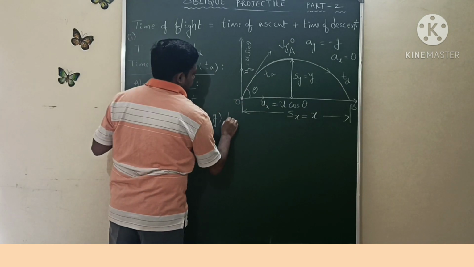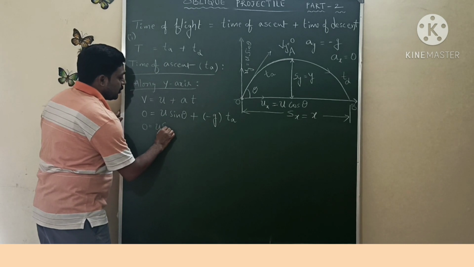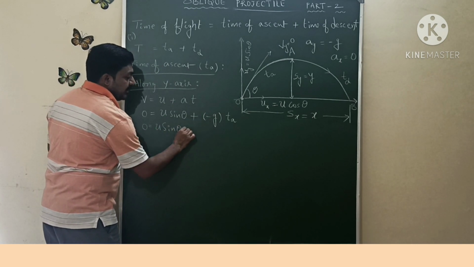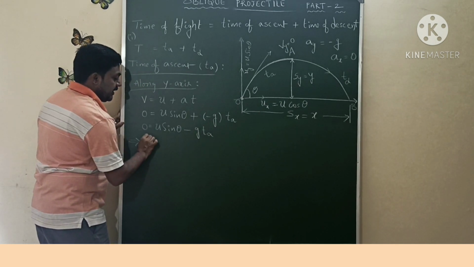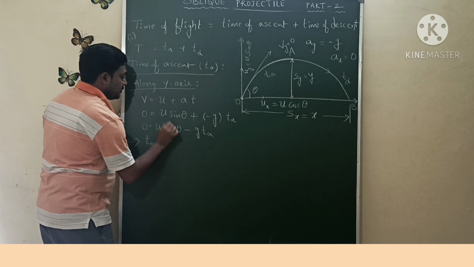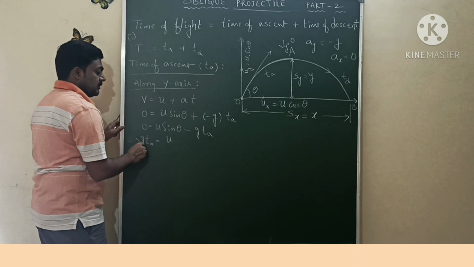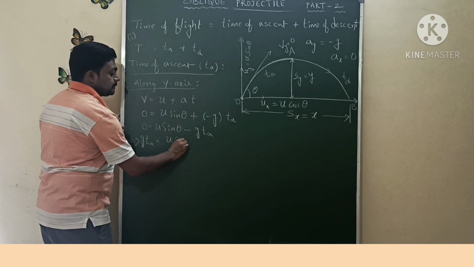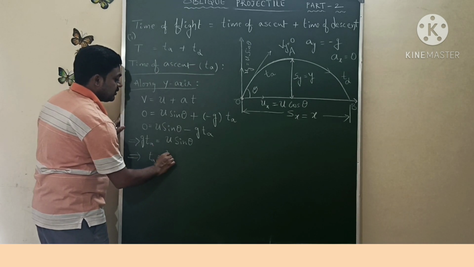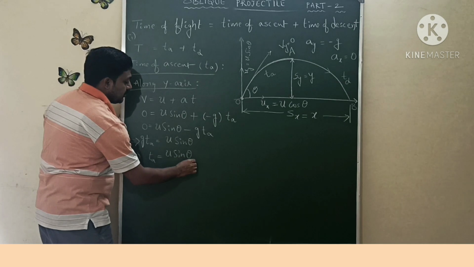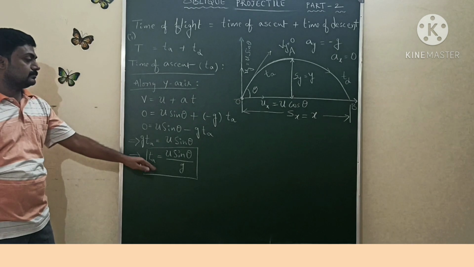Time of ascent, TA. So 0 is equal to u sin theta plus minus g into TA. Then g TA is equal to u sin theta. Now time of ascent TA is equal to u sin theta by g. This is the TA value.